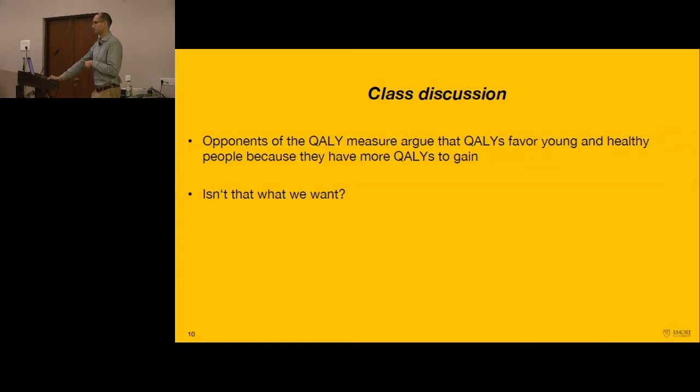So that is one of the major criticisms of the quality-adjusted life years. But isn't this what we want? Should we want to prioritize younger people? I know this is a somewhat controversial question, so I am happy to hear some pushback. I'm not saying that this is what we want. I'm just asking. What do you think?